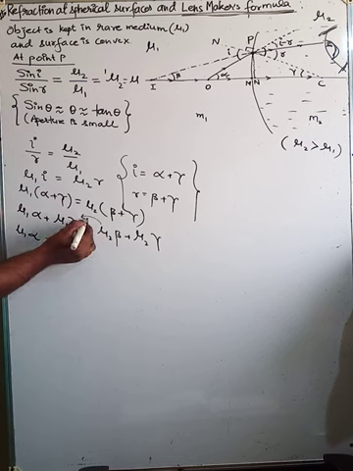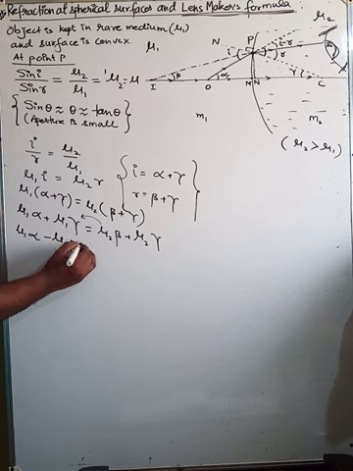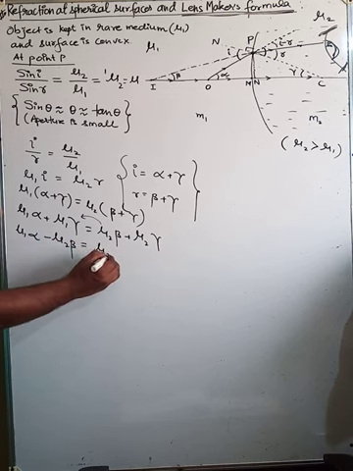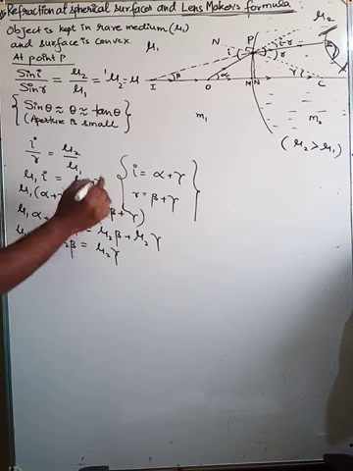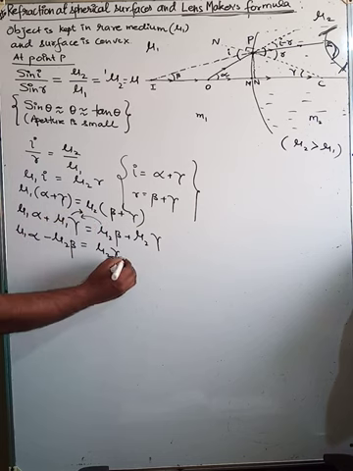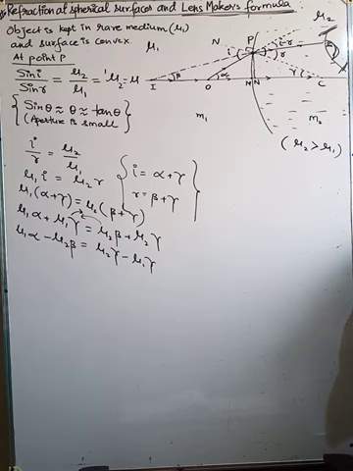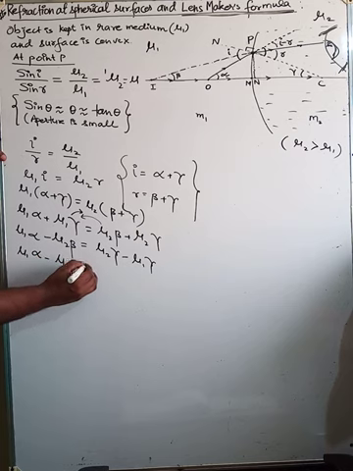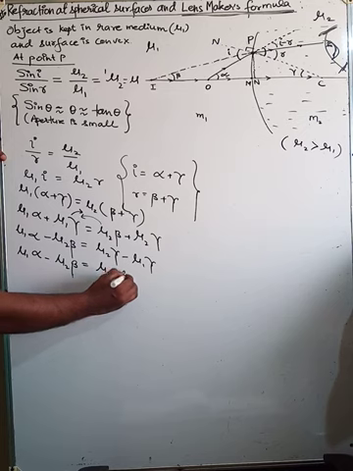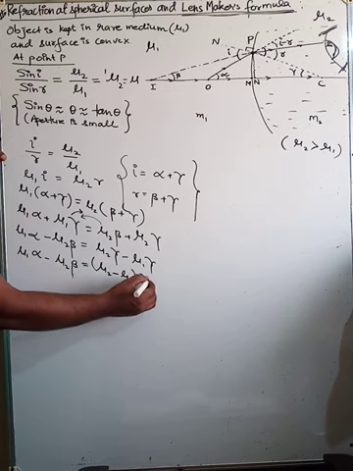Transfer this side, so it will become minus mu2 beta, and mu2 gamma, this you transfer to that side, so it will become minus mu1 gamma. So this will be written as it is: mu1 alpha plus mu2 beta. Here we can take gamma common, so mu2 minus mu1, gamma outside.